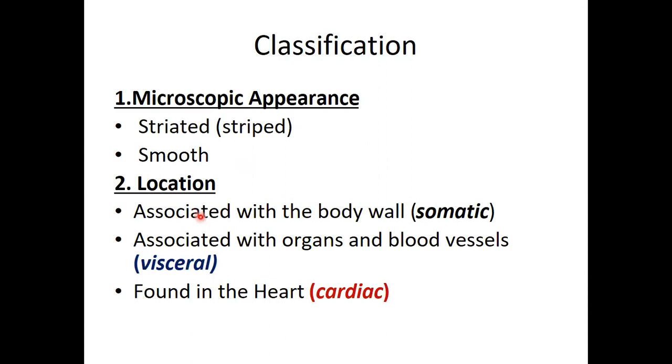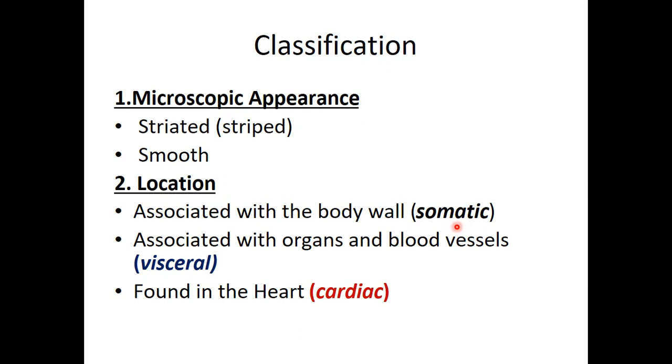Based on location, we have three types. We have muscles that are found within the body. Muscles of the body, we call them somatic muscles. For example, muscles in the thigh, muscles in the arm, muscles in the neck.